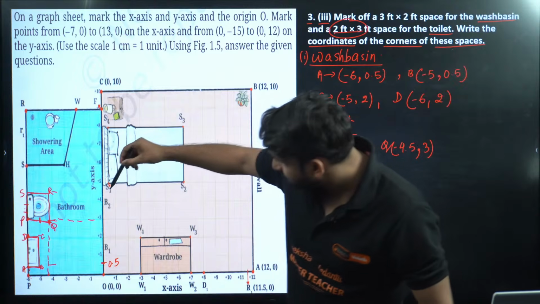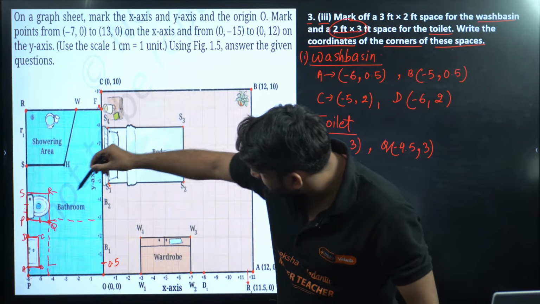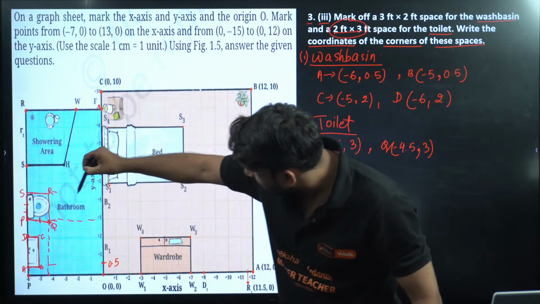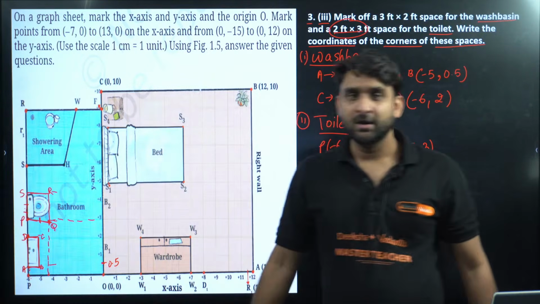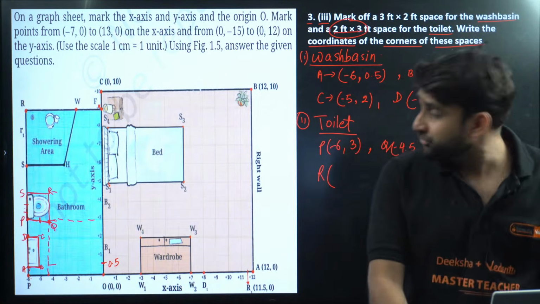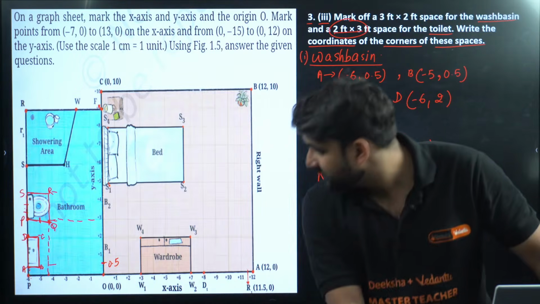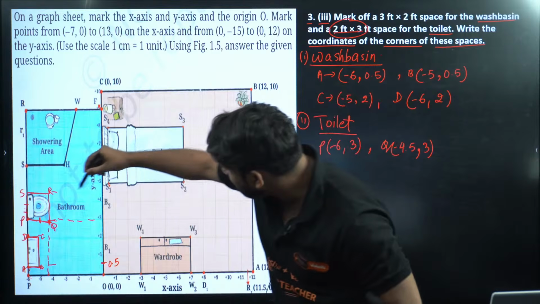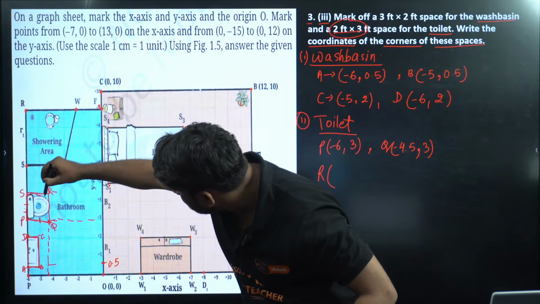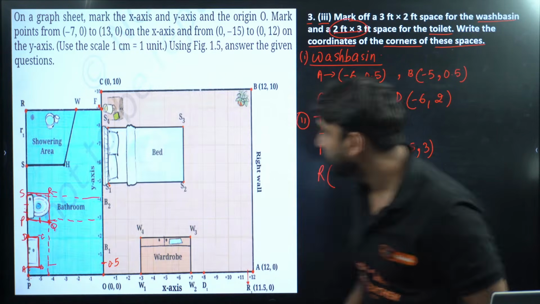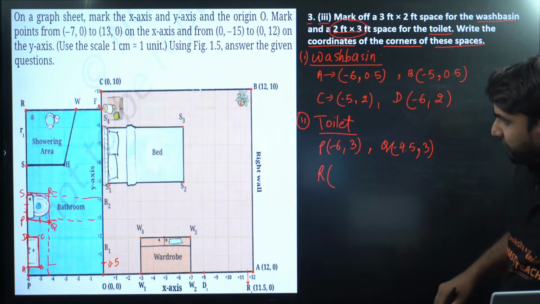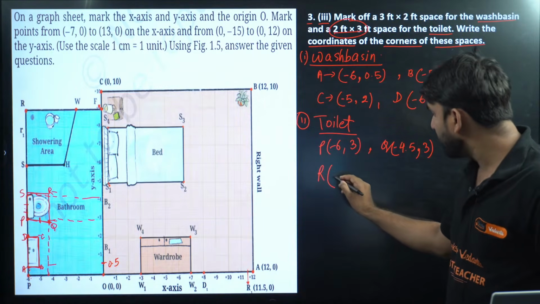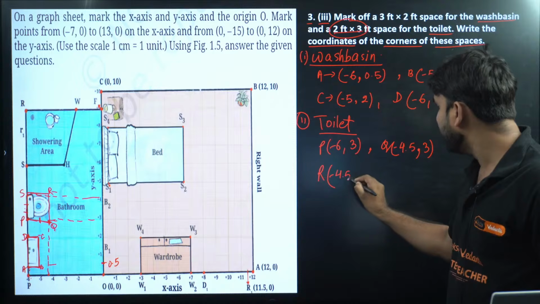Here. This point. Yes. Tell me, what will be the position of R? 4. This is exactly in front of 4, na? So the point R will be minus 4.5 comma 4.